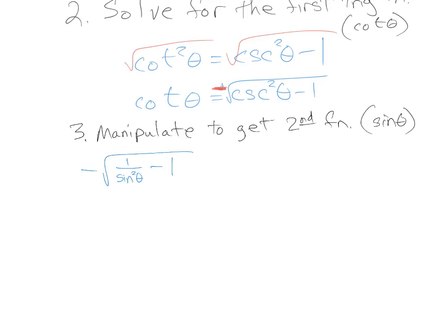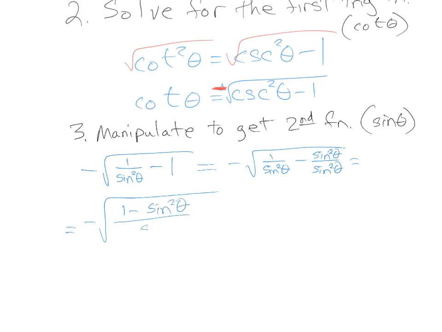We combine the fractions. So, 1 over sine squared of theta, and 1 is the same thing as the denominator over itself. We want the same denominator: sine squared over sine squared. And now you combine those. 1 minus the sine squared of theta over the sine squared of theta.